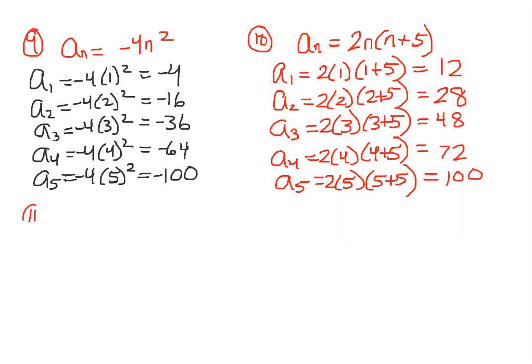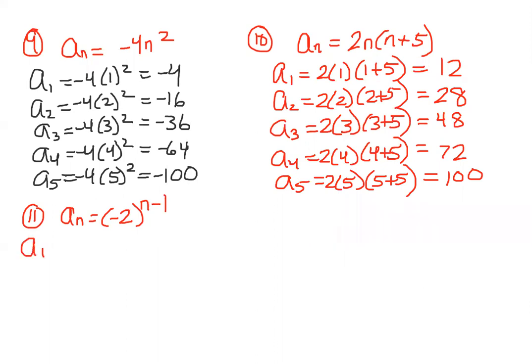And number 11, we've got an equals -2 to the n plus 1. N plus 1? Oh, my computer, is that n plus 1 or n minus 1? It's n minus 1. So let me erase that. That makes more sense.